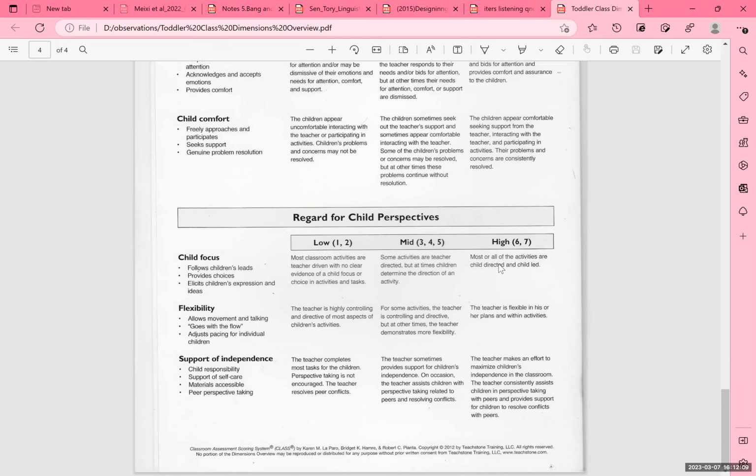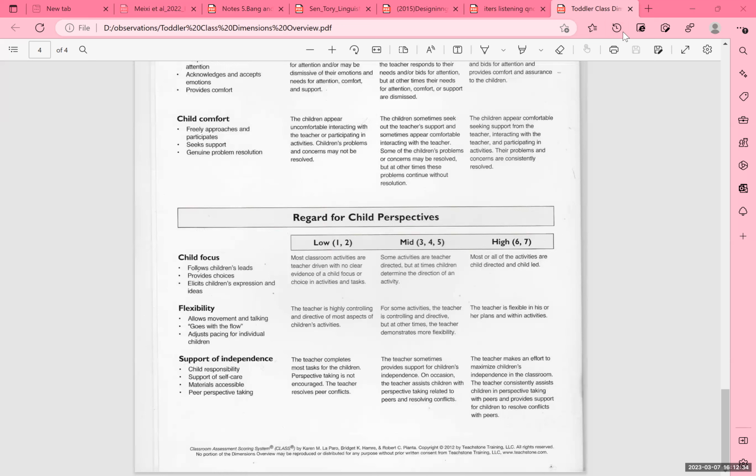And luckily, they provided definitions here for us for what they mean by high, mid, or low quality. So again, you're going to figure out how many times or how often teachers are engaged in the behavior markers and give them a score of low, medium, or high, but you're going to explain why you're giving those scores.